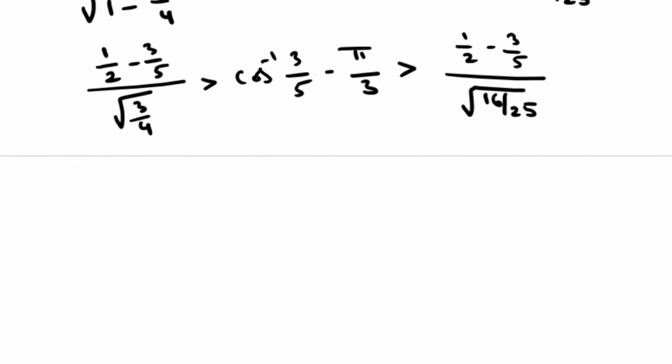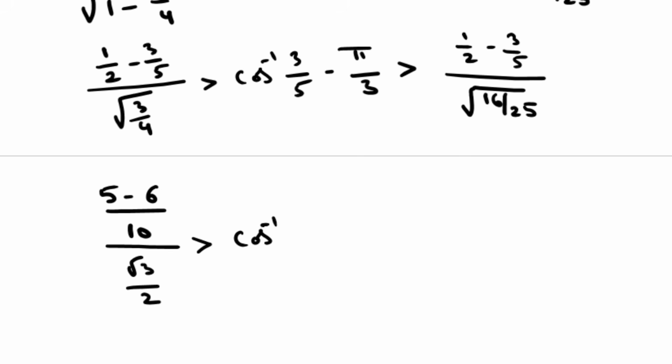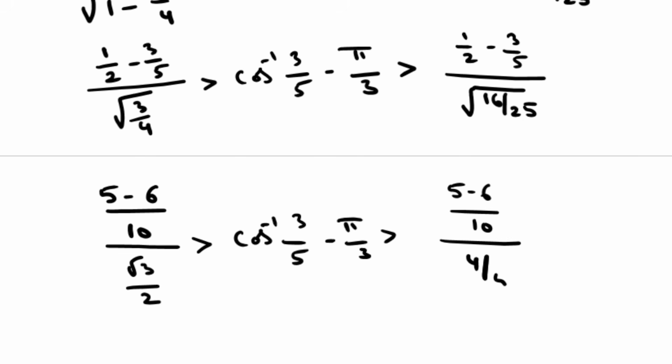Again, this equation can be solved by taking LCM as 10. 5 minus 6 by root 3 by 2 greater than cos inverse of 3 by 5 minus pi by 3 greater than 5 minus 6 by 10 by root of 16 by 25, which is 4 by 5.